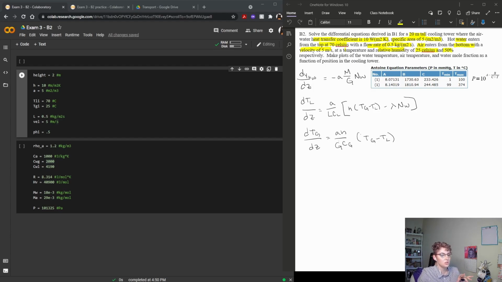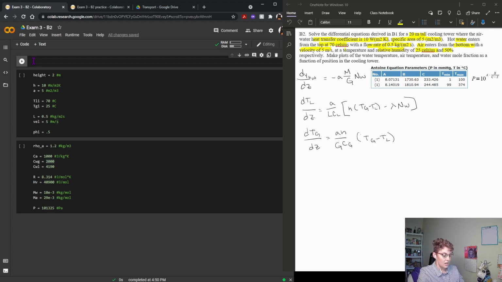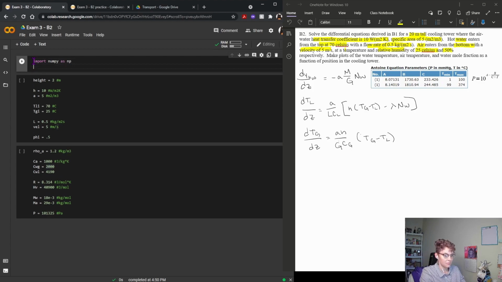The first thing that we're going to have to do is import any of the tools that we will need in order to solve this problem. The first thing that we always have to import is NumPy, and NumPy will help us with the functionality of our arrays and matrices.